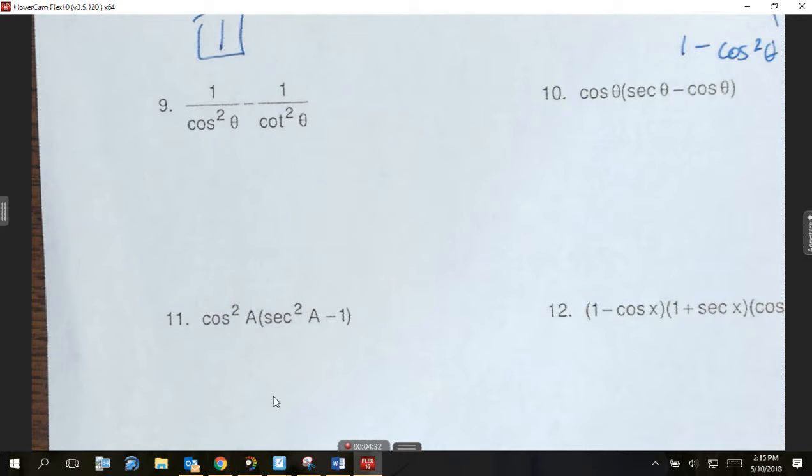Even if it's wrong, I'm looking for something on the paper. We cannot cancel over a subtraction problem. If that was multiplication, it'd be fine, but not over subtraction. Gotta switch something. It might be the wrong thing, but try something. Don't just sit here, taking up space. Try something.